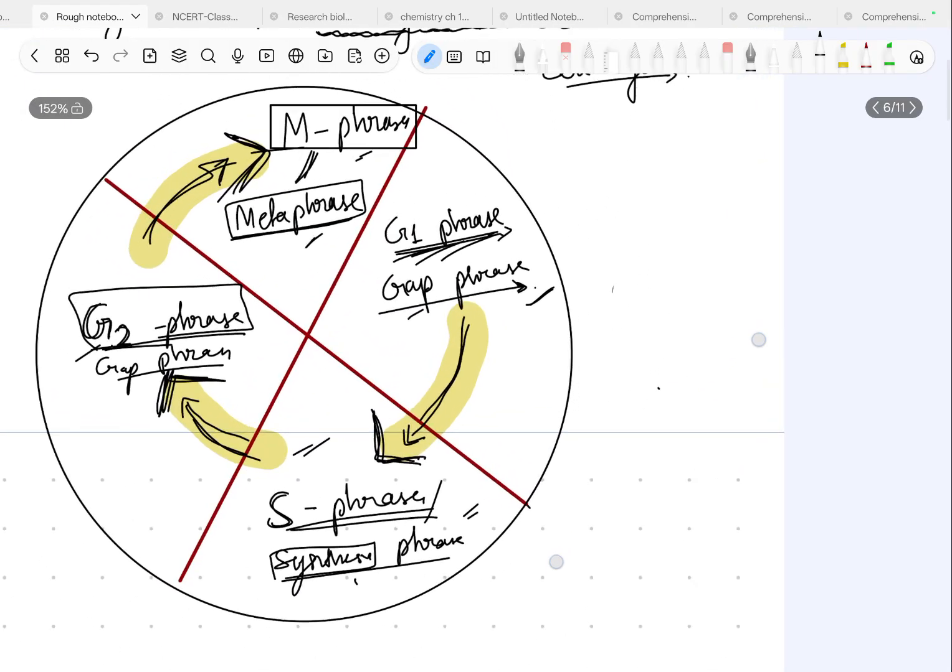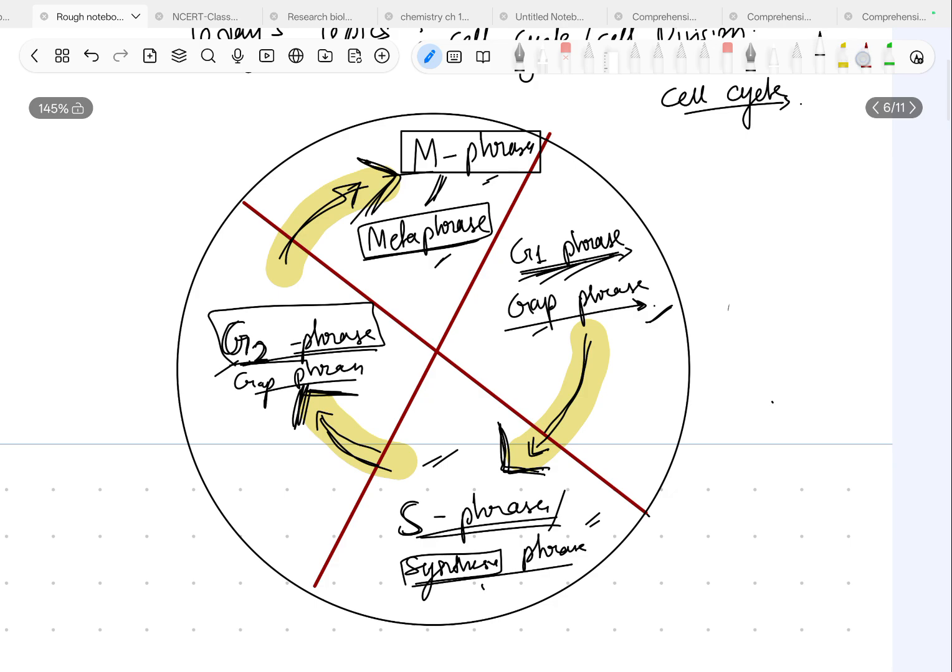If you see this part, let me draw it in green.